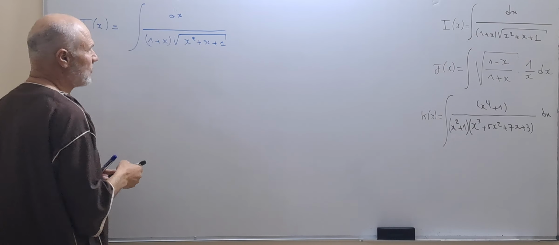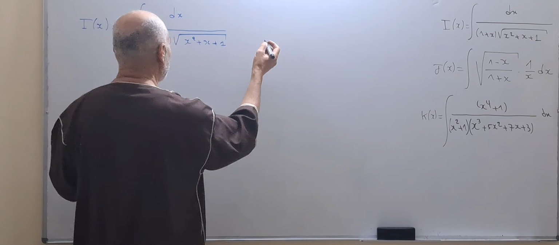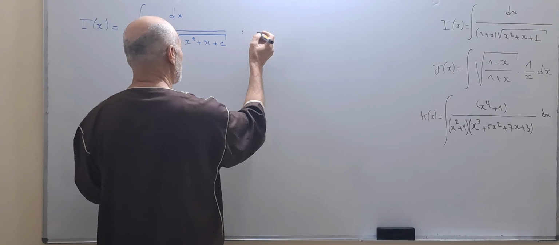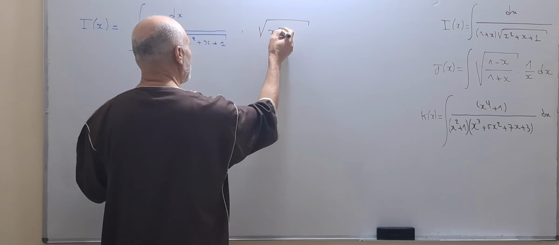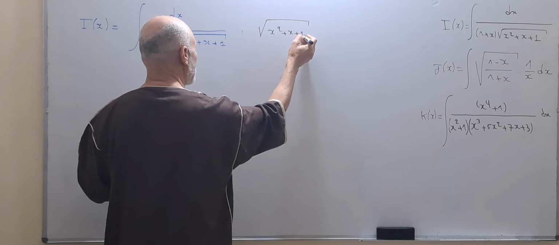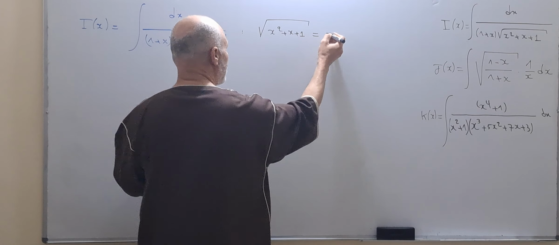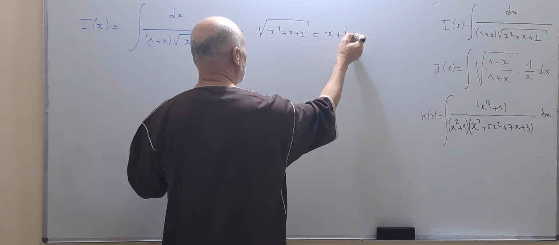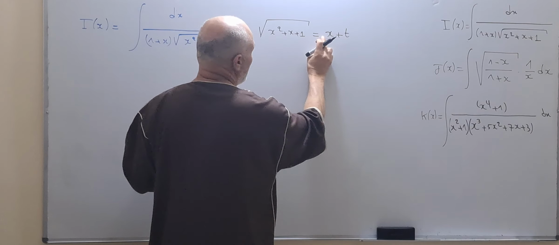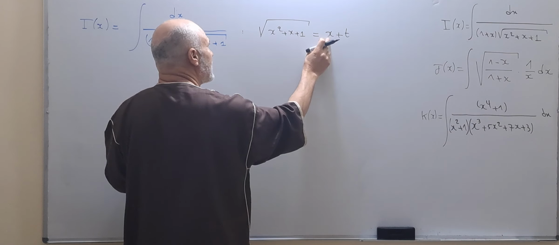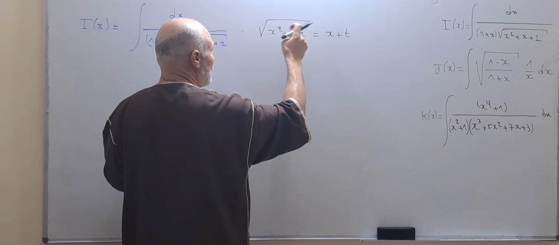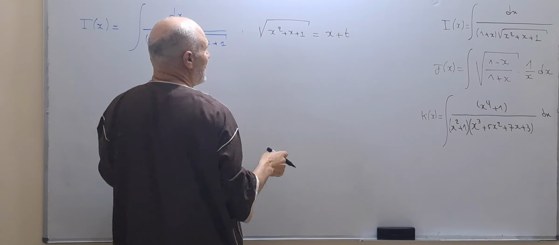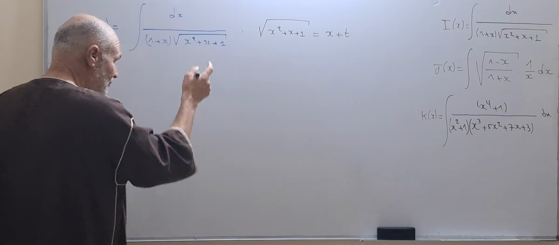The change of variable here, a good one, is to take the square root of x squared plus x plus 1 equal to x plus t. Why x? Because when we take the power 2, we get x squared, and they will be cancelled.